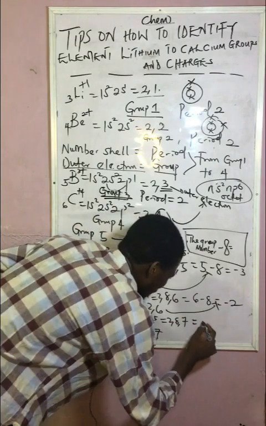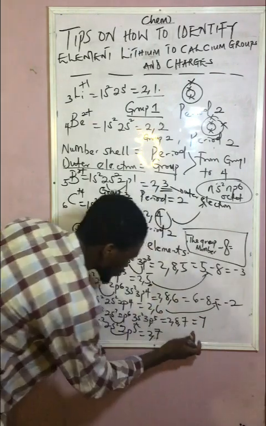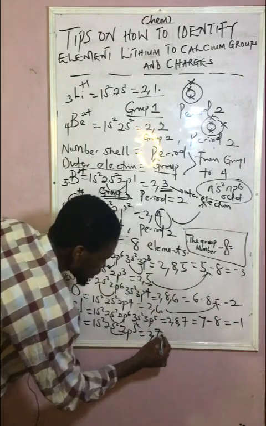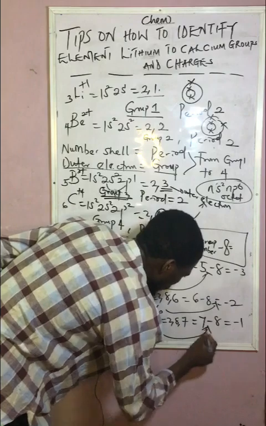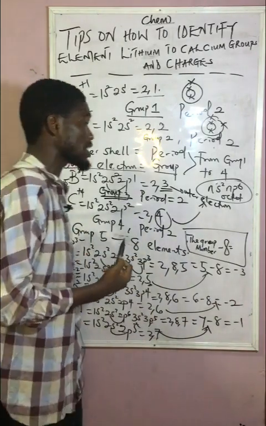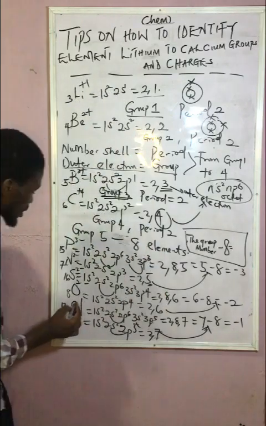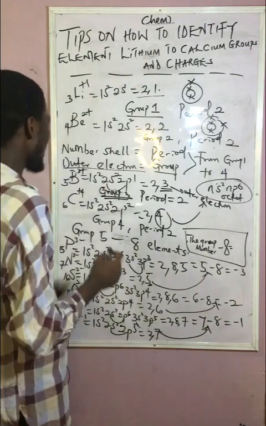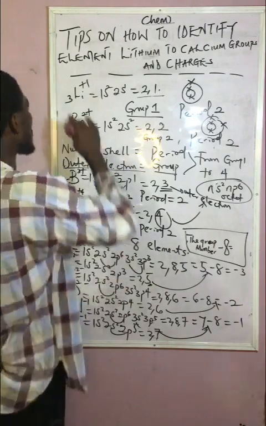So now guys, we can say the group number is 7, period 3, minus 8 we have minus 1. So the same thing is applicable to fluorine. So that is why our chlorine, if you are a student that has been studying for JAMB, has minus 1. Fluorine also has minus 1. So guys, let me show you the last one, which is neon and argon.